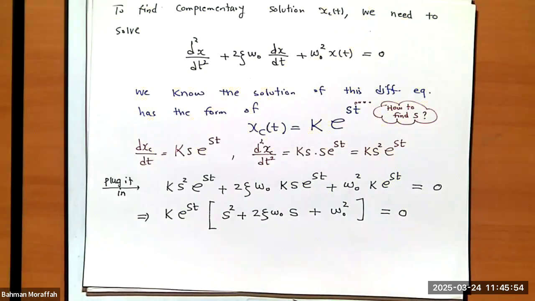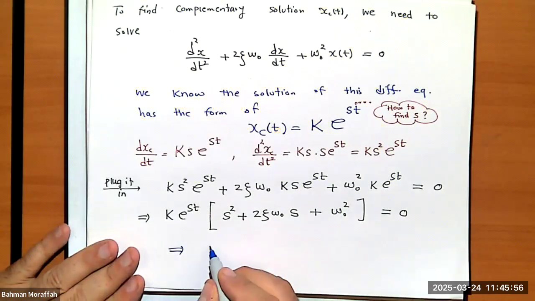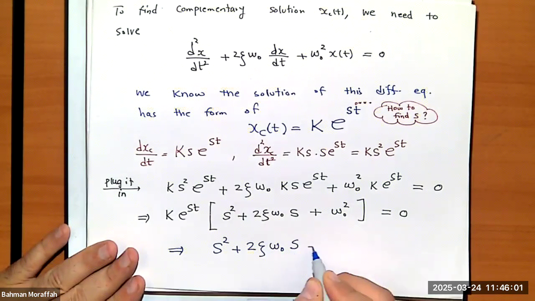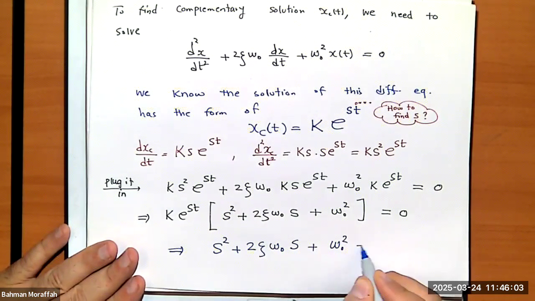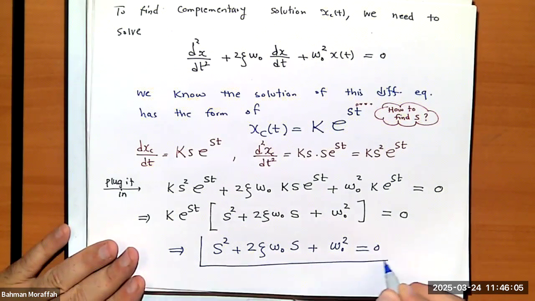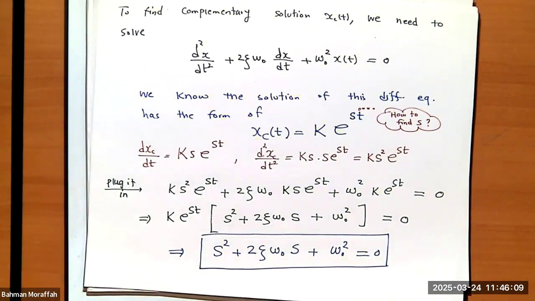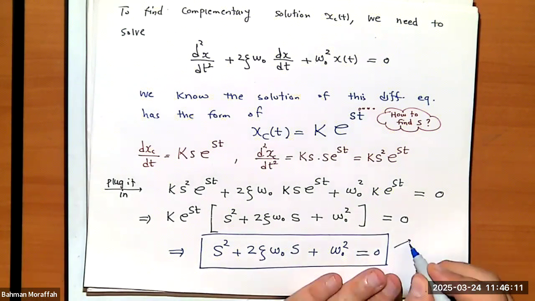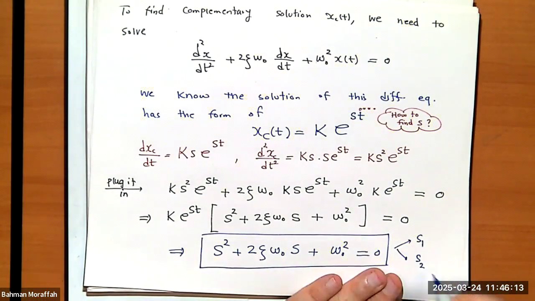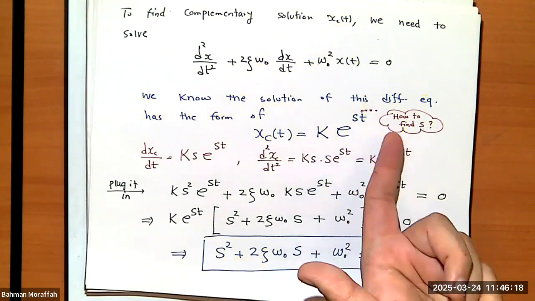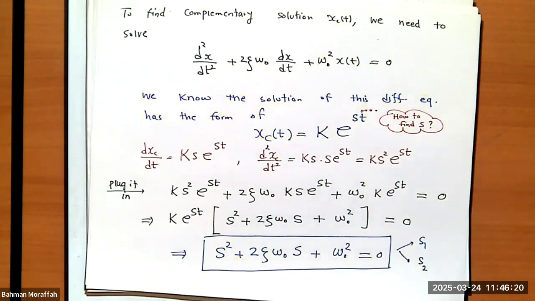So s squared plus 2c omega naught s plus omega naught squared must be 0. And this is a quadratic equation, so I can get two solutions for it, s1 and s2. And I can plug them in here, and that would give me the solution.